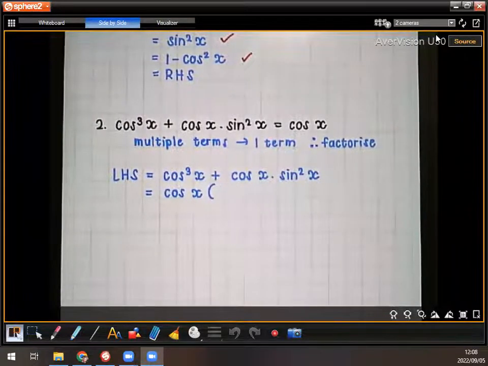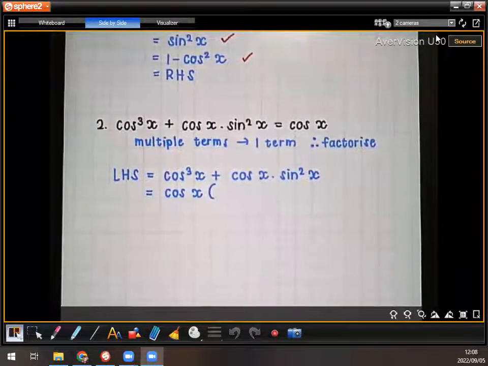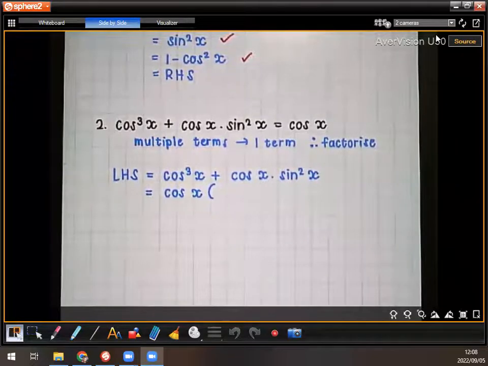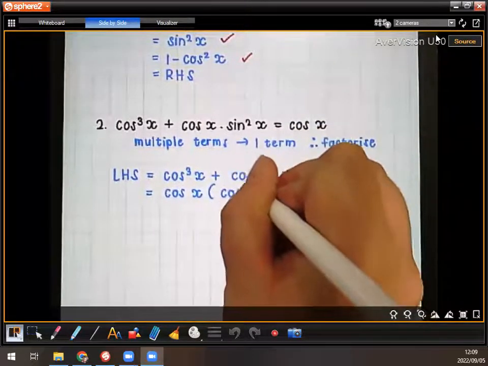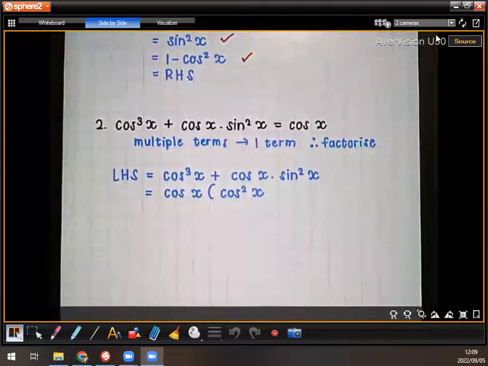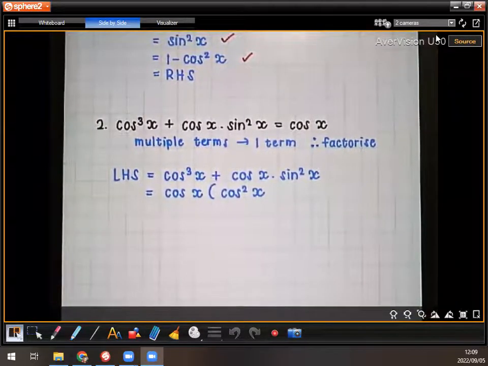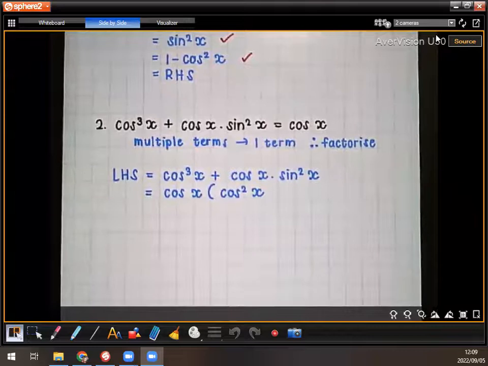And remember, when we take our common factor, we have to divide what we had at first by that common factor. So cos cubed x divided by cos x, what do you think that's going to be? Cos squared x. Good. It's like x cubed divided by x is x squared. Just now cos x.